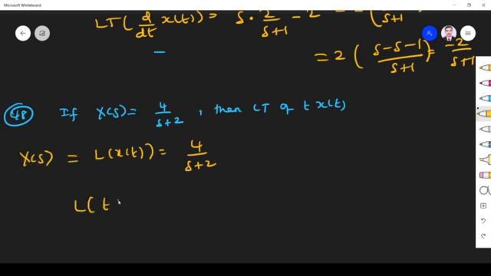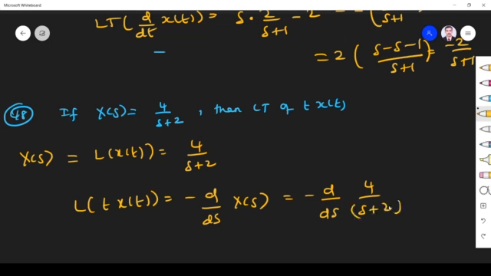What is the Laplace transform of t into x of t? It is minus d by ds of X of s. Yes or no? So that is minus d by ds, not d by dt. Minus d by ds of X of s, which is 4 by s plus 2.